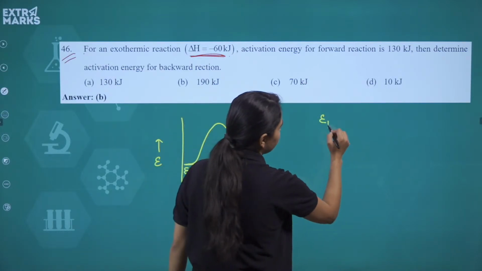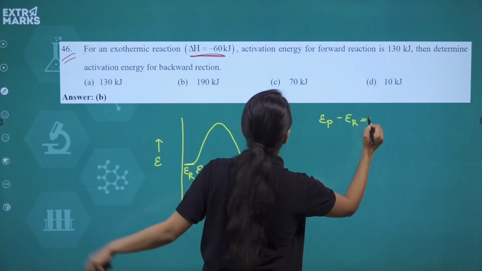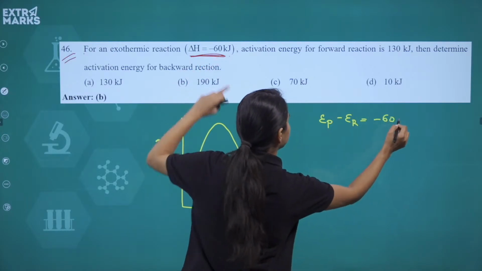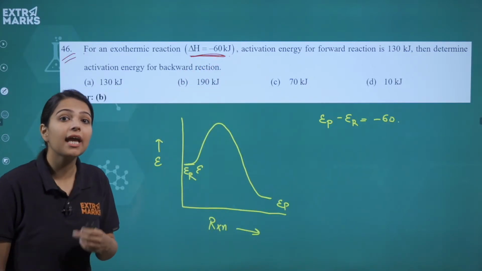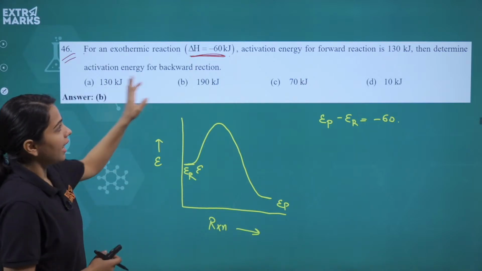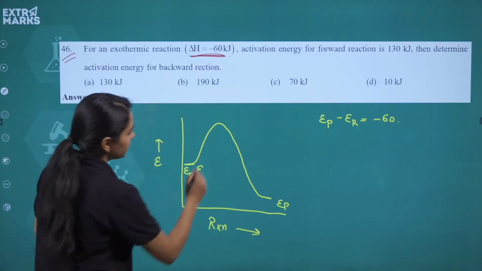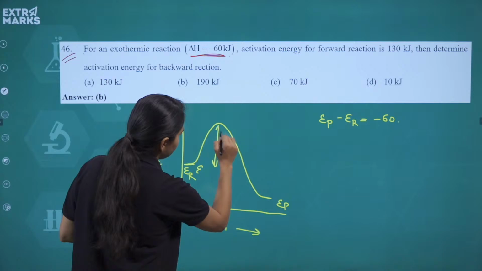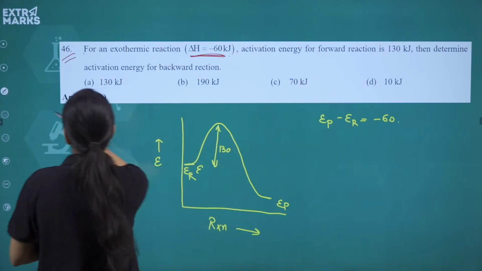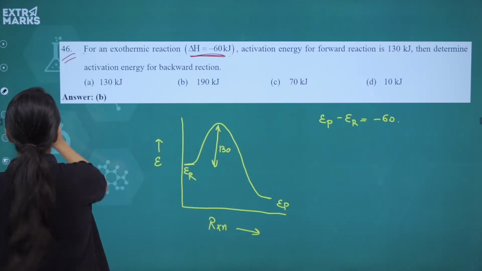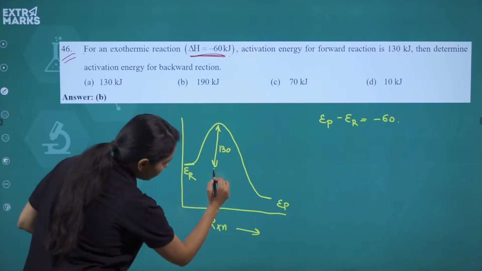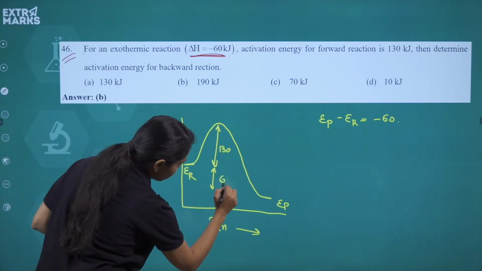Now I know that EP minus ER over here is given to me as minus 60 kilojoules, because this is an exothermic reaction. Activation energy for the forward reaction is 130. So this is given to me as 130 kilojoules. So what is given to me? Activation energy is given to me. This is also given to me as 60.